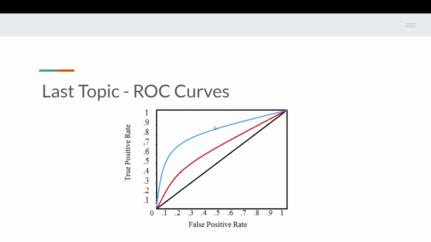But let's look at that blue line. If you pick a true positive rate that is very high, then you end up with a false positive rate that is also very high.